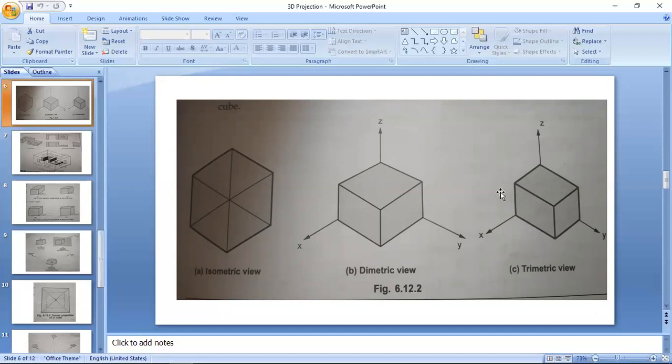And with the trimetric view, all three principal axes are foreshortened unequally. It means the dimension on each axis will be different. Okay, so these are the three types of the axonometric projections.